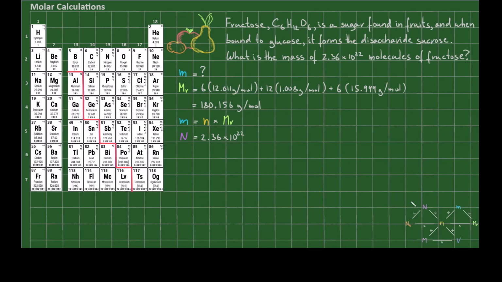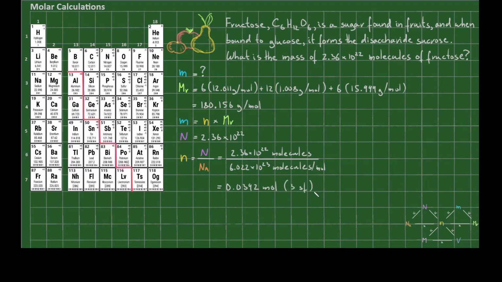Well, according to the triangles, yet again, the number of moles is equal to the number of particles divided by Avogadro's number. And so I'm going to say that lowercase n equals capital N over Na. I can substitute, and according to my trusty calculator, that will give me 0.0392 moles of fructose when rounded to three significant figures.